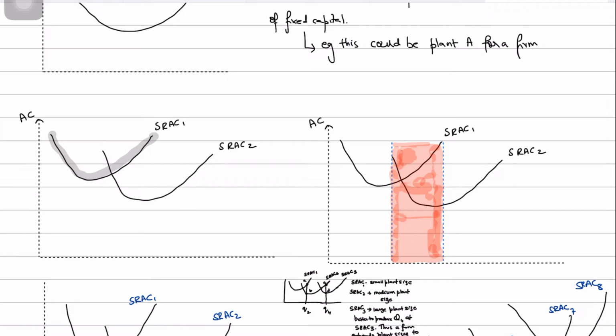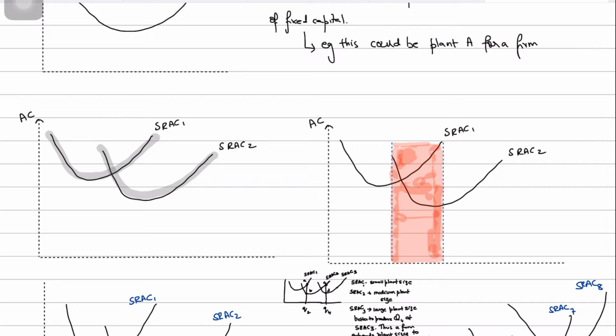To give some intuition around this, we can think about SRAC1 as being associated with, let's say, one single plant and whatever equipment it has in that plant, and SRAC2 as being associated with a different, maybe medium-sized factory, bigger than the factory SRAC1 corresponds to, or perhaps a factory with larger equipment.